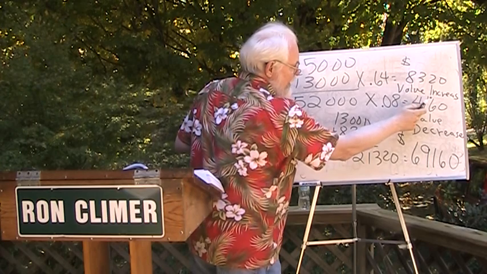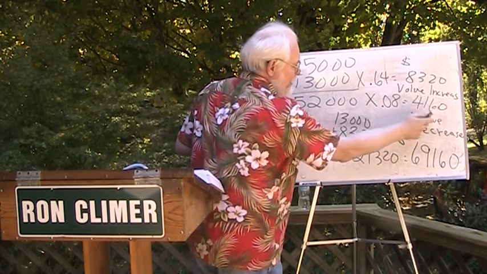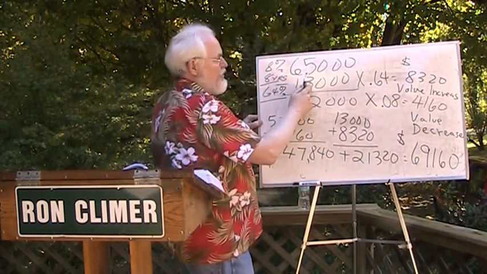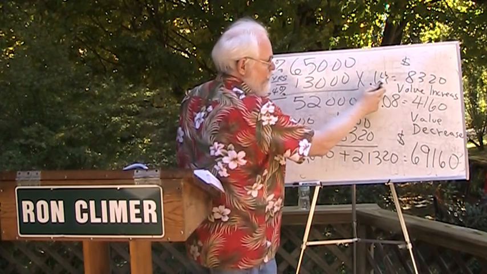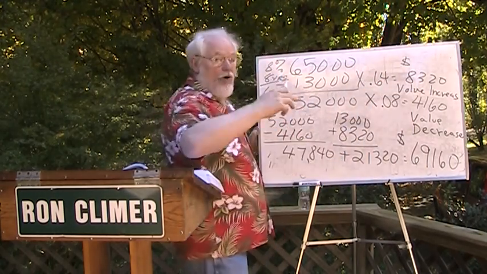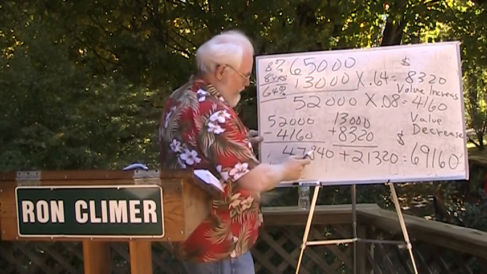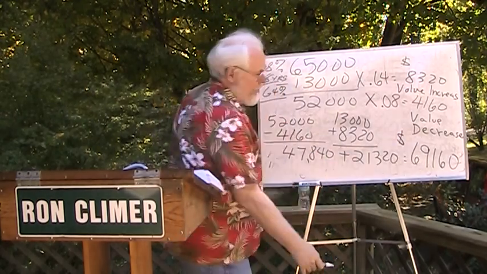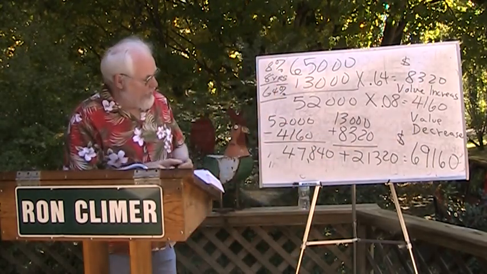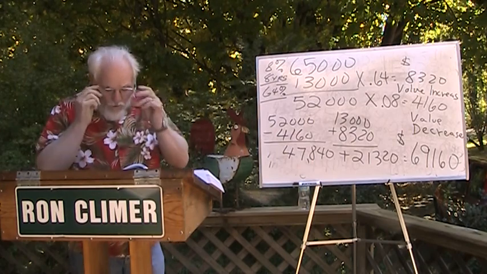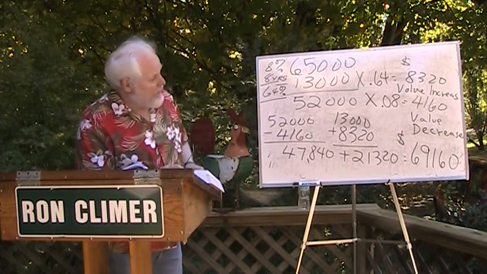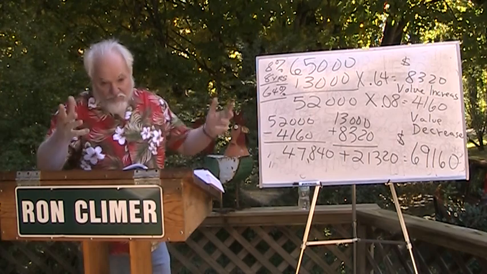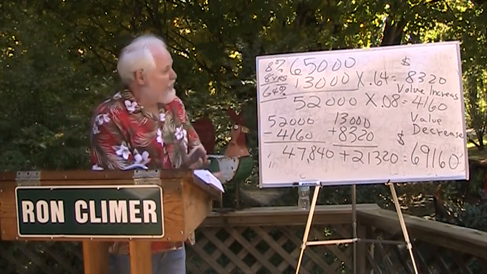That's how much the value has gone down. We took the value of the lot times 64%. That's how much it's gone up in value. Gave us these numbers, add them together. That's the value of the house and lot together, which you really can't buy separately. I wish you could.